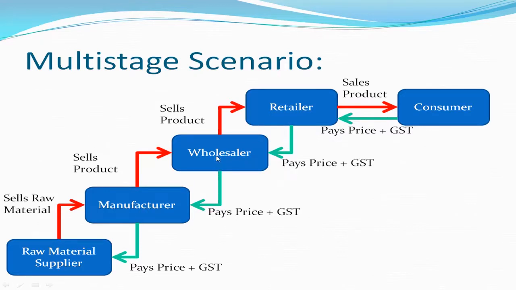And buyer pays GST. So wholesaler pays GST depending on what price is for the product. The GST is paid to the manufacturer. Similarly, retailer buys product from wholesaler and pays GST to the wholesaler. Similarly, consumer buys product from the retailer, so consumer pays GST to retailer. So seller is collecting GST, right, everywhere.